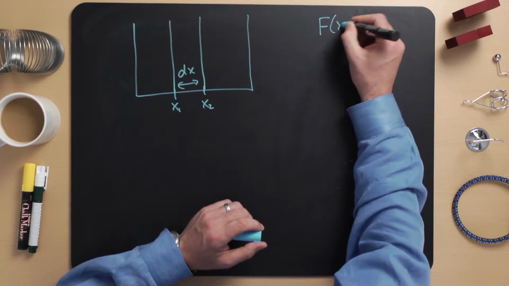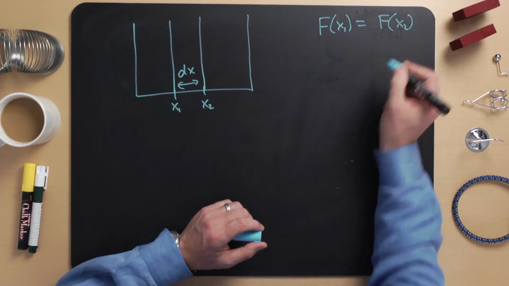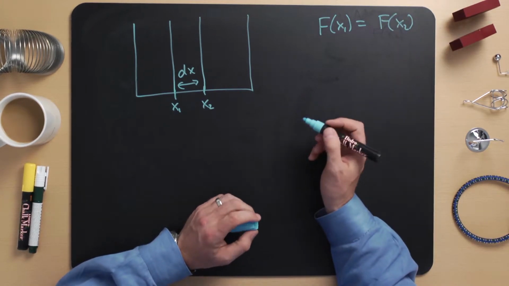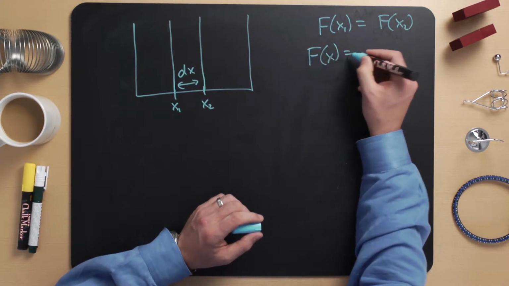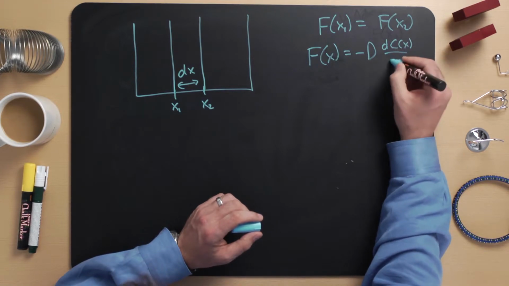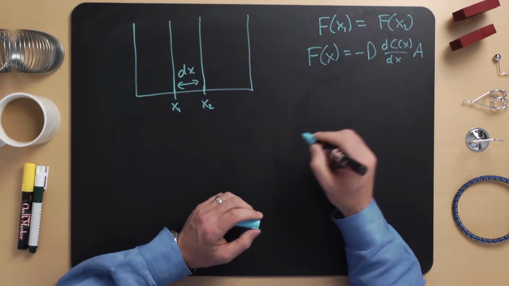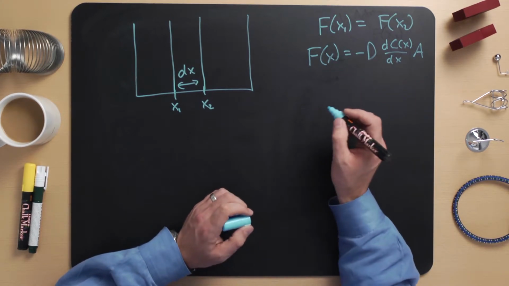How can we use the fact that F of x1 is equal to F of x2 to understand this diffusion process better? Moreover, how can we use that we know that F of x is equal to minus D dC of x dx times A? We just plug this formula into the equilibrium statement.